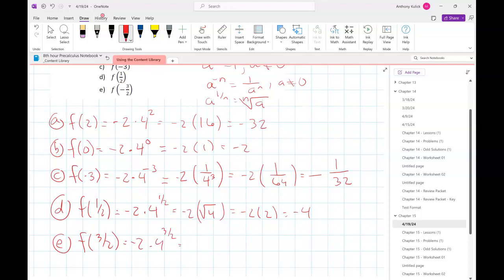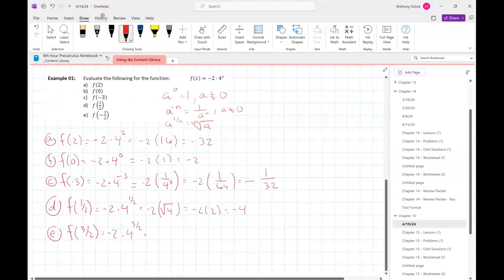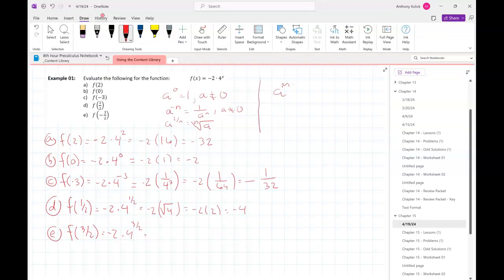How do I do 4 to the 3 over 2 now? How do I do that? That looks weird. I'll give you a hint. I'm going to use the exponent of an exponent property. So 3 over 2 is the same thing as 1/2 times 3, right? So that's what I'm going to write this as, then 4 to the 1/2 to the 3rd.